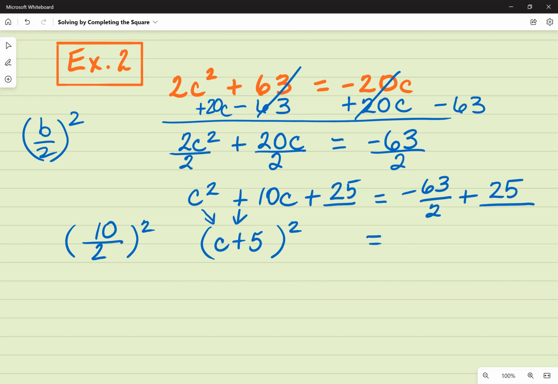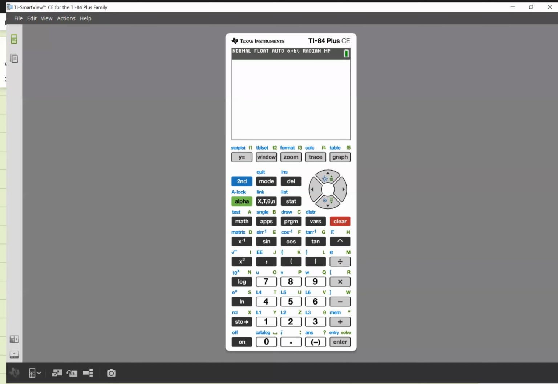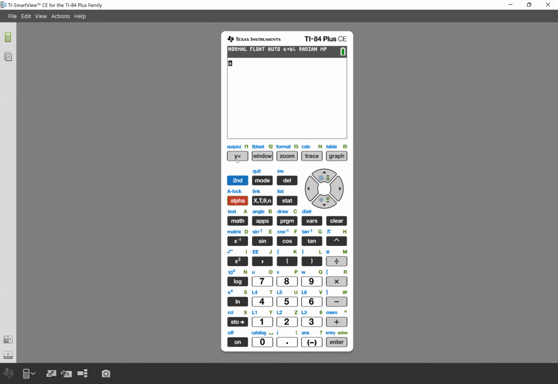So back to simplifying on the right-hand side. Now, some people don't know how to work with the fractions like this. So what you can do, if you're using the graphing calculator like we do in our class, you can just go to alpha and then y equals, and you'll have an option for number 1, and just type in whatever the fraction was, negative 63 over 2, arrow over, and then in our case, we wanted to add 25.